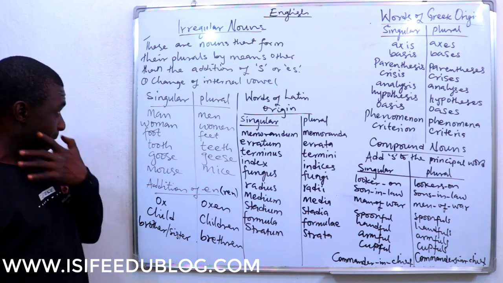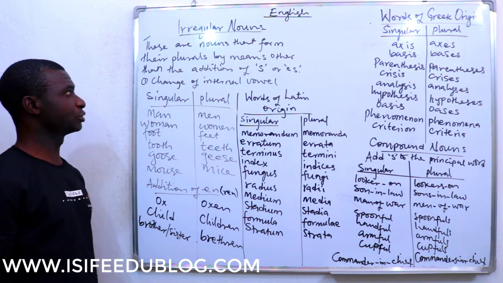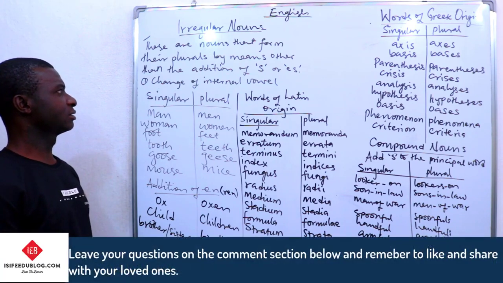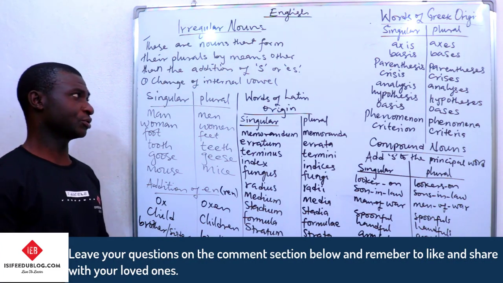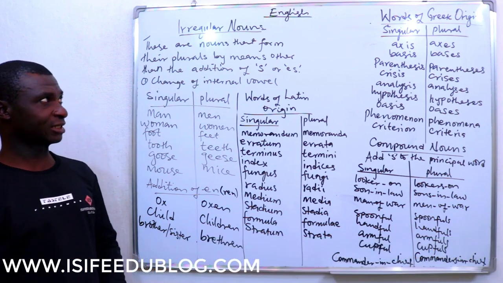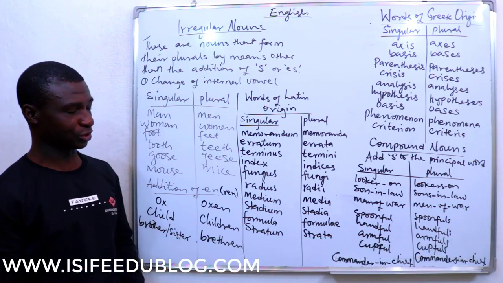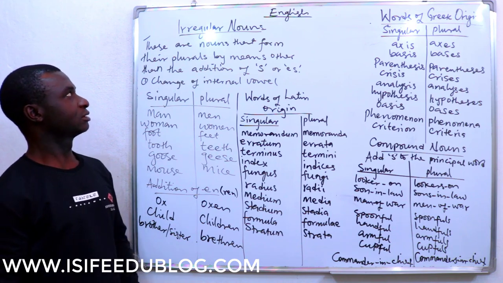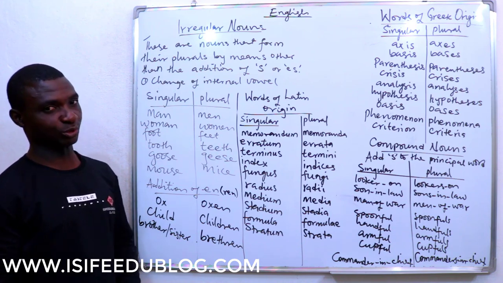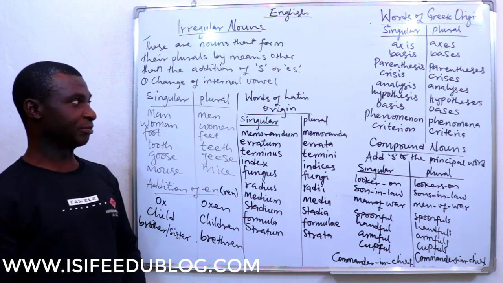Irregular nouns are nouns that form their plurals by means other than the addition of s or es. So you really can't predict them any longer. The regular nouns you could guess, but the irregular nouns are unpredictable. So you study them to know how they behave.